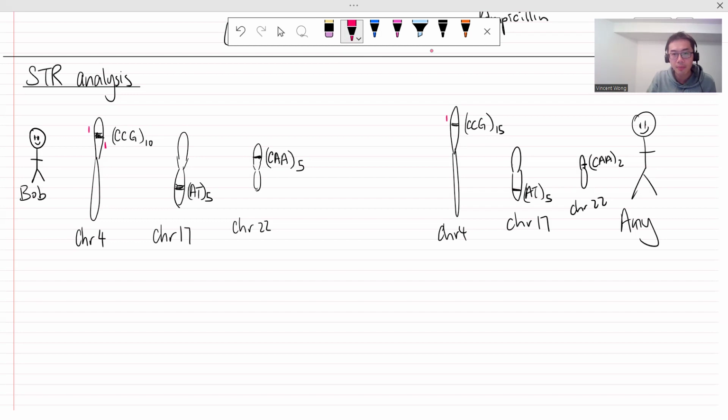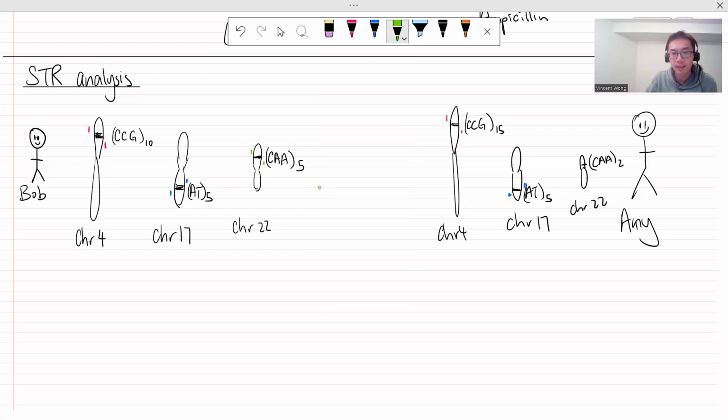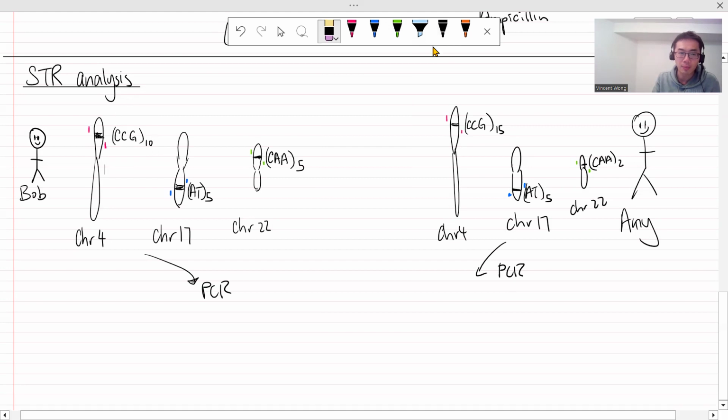We'll use the same primer for Amy's DNA sample. We need a separate primer for the AT, and then a third set of primers for the CAA. And then we're going to do PCR, so we only amplify those repeats. You're going to get millions of copies of this CCG.